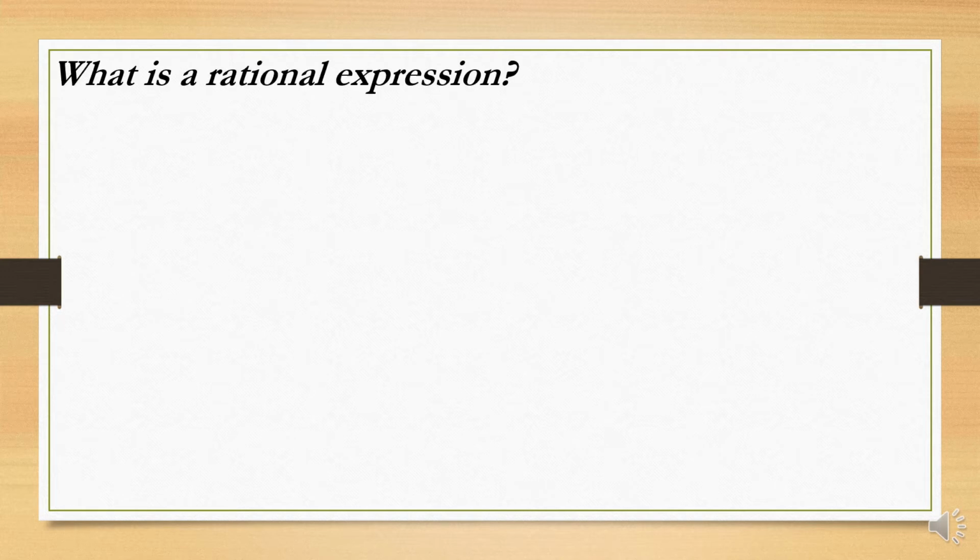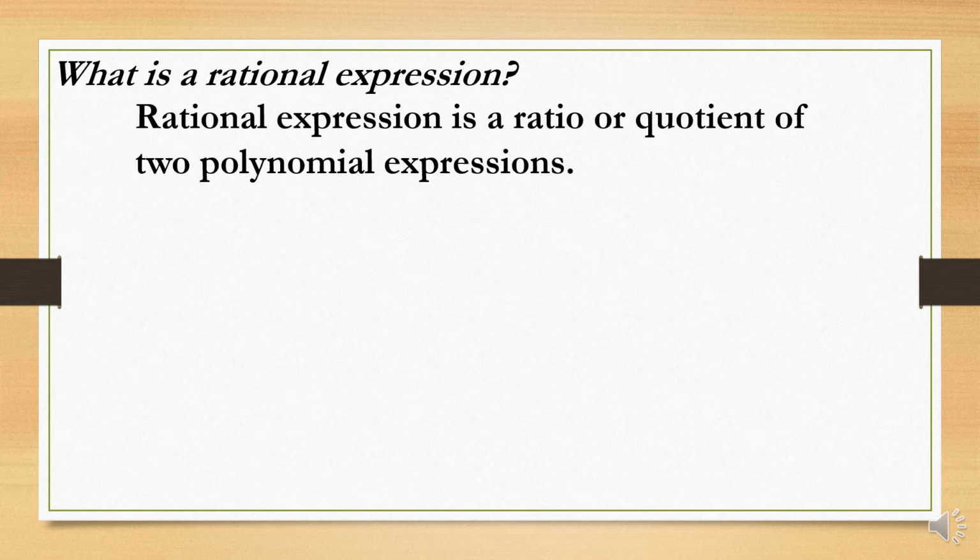Let us now discuss first about rational expression. What is a rational expression? A rational expression is a ratio or quotient of two polynomial expressions. Paano ba natin malalaman kung ang given expression ay polynomial or hindi?